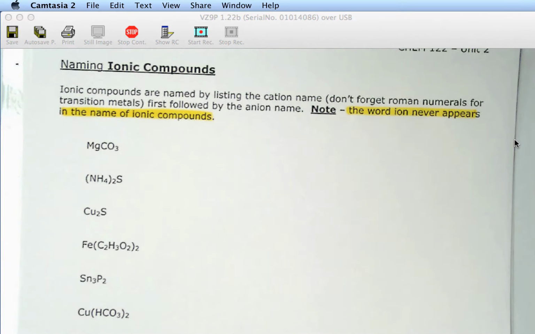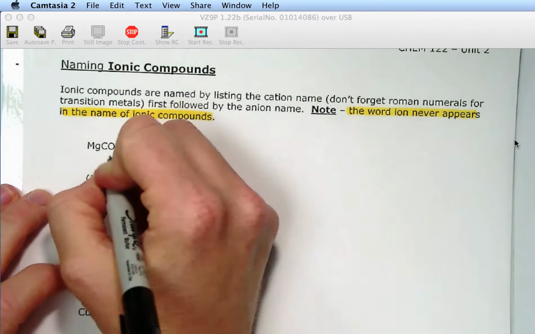What happens a lot of times is after I've taught students how to name the cations and the anions, and they've heard me talk about taking off points if you don't have the ion, then when they get to ionic compounds, it's ion, ion, ion, all over. So I'll show you this one.